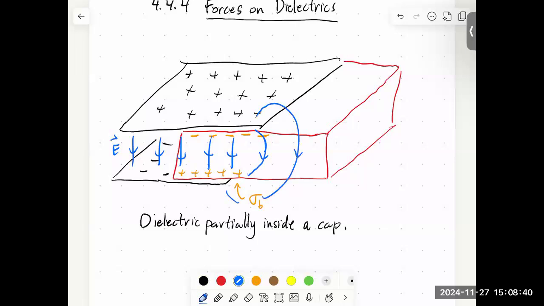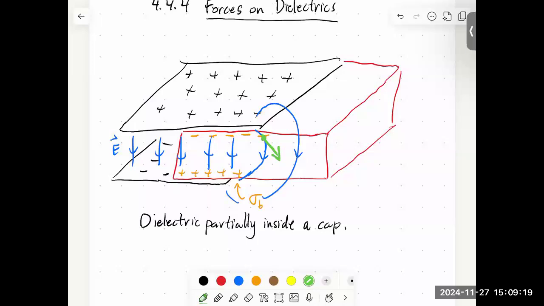What I'm interested in is the shape of these fields close to our bound charges. So over here at this bound negative charge, that fringing electric field is something like this. It has that direction. It's going to have a component that is parallel to the surface of the dielectric and a component that's perpendicular.